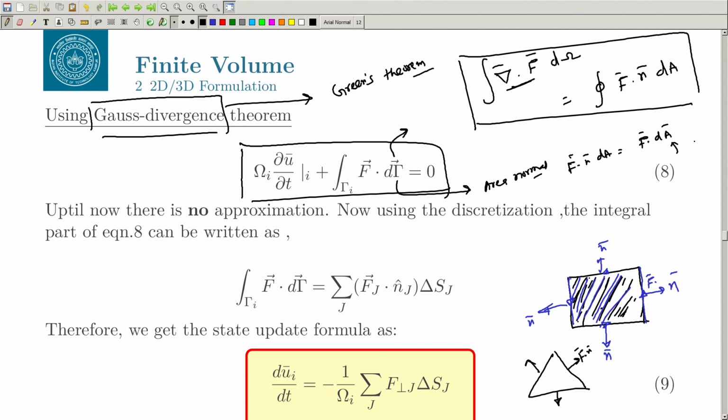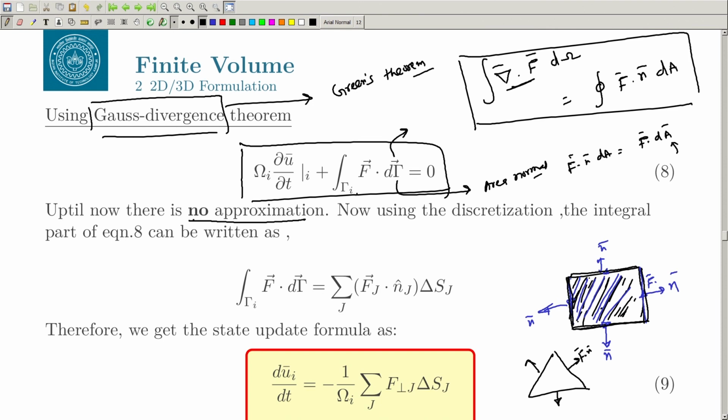Now, there is no approximation till now. What we can do is that this is in integral form and we are using different cell volumes, triangles or rectangles or quadrilaterals, different kinds of things. So, you basically go across all the faces and add this value.